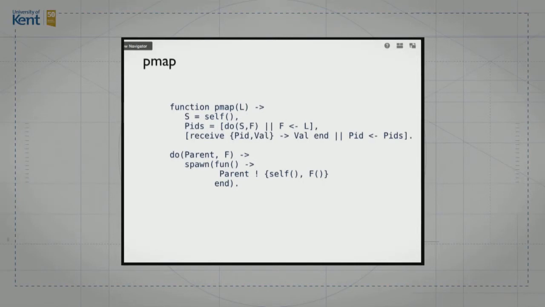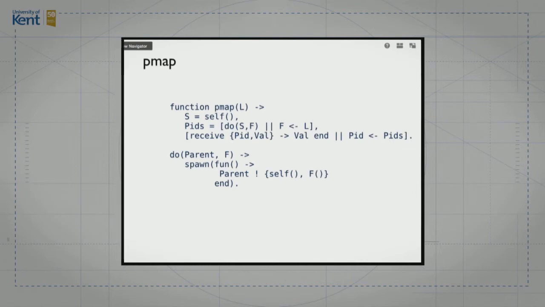We can define this as PMap. It's actually a parallel version of a mapping function. It consists of 3 lines of code, the PMap. Well, it dispatches the parallel computations in 3 lines of code, or actually in 2 lines of code. S is self. This is the identity of the process that's going to receive the answers.